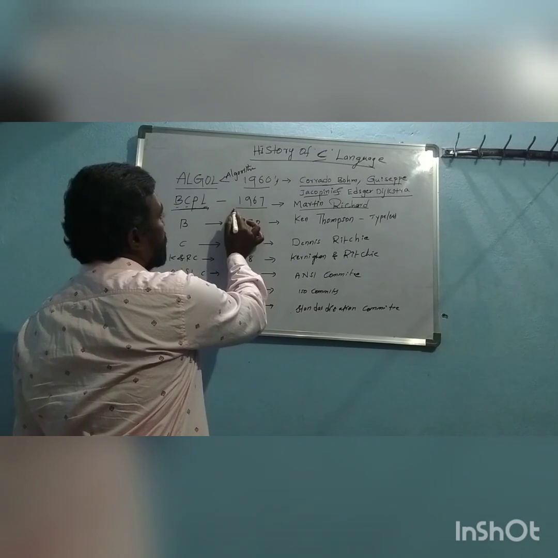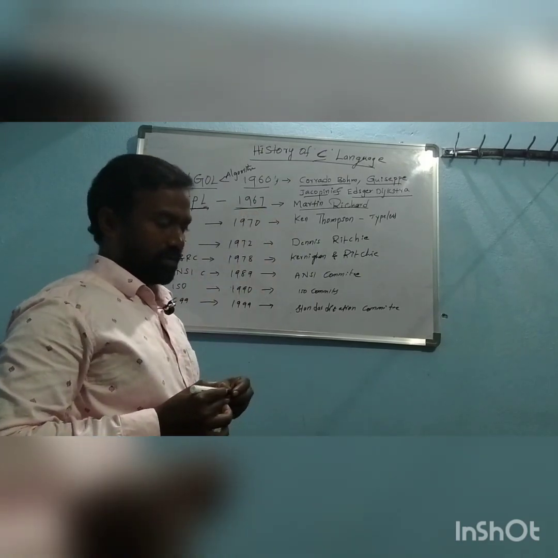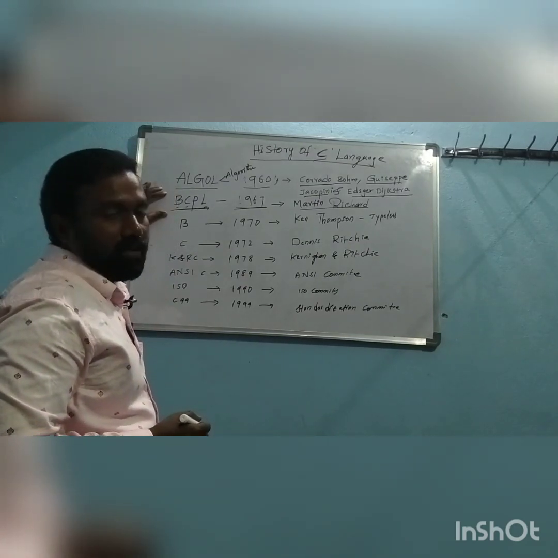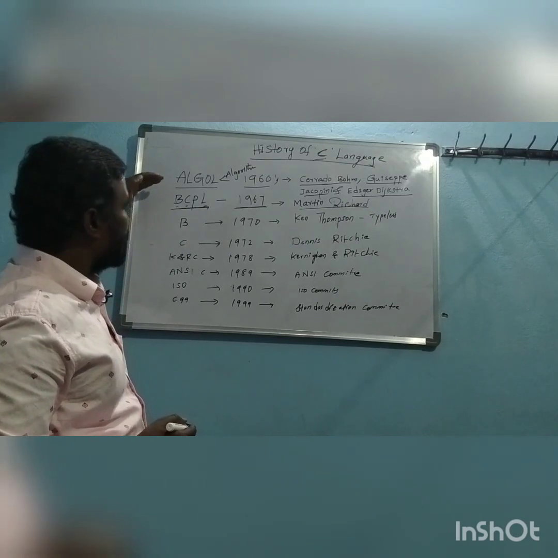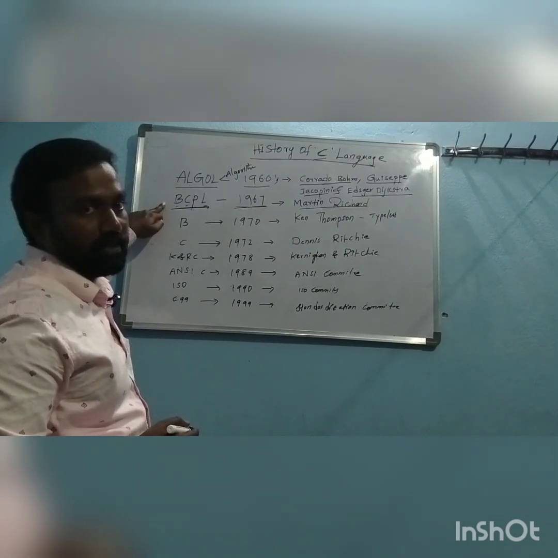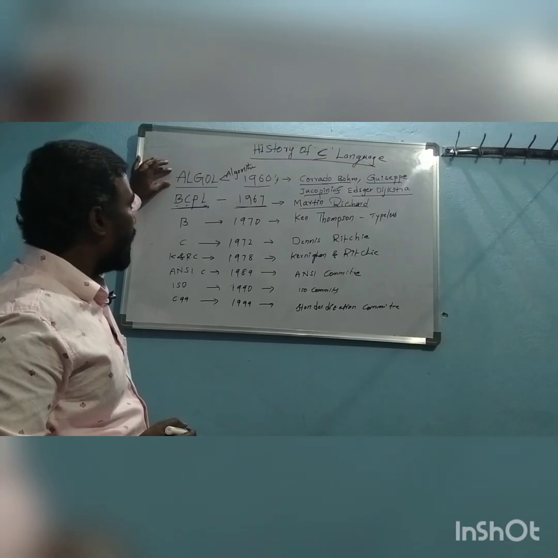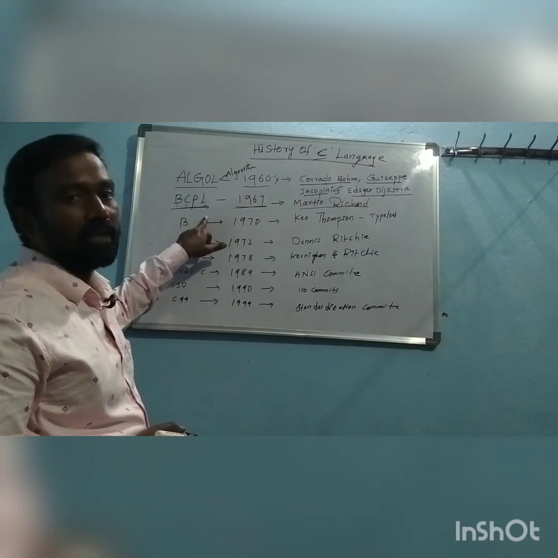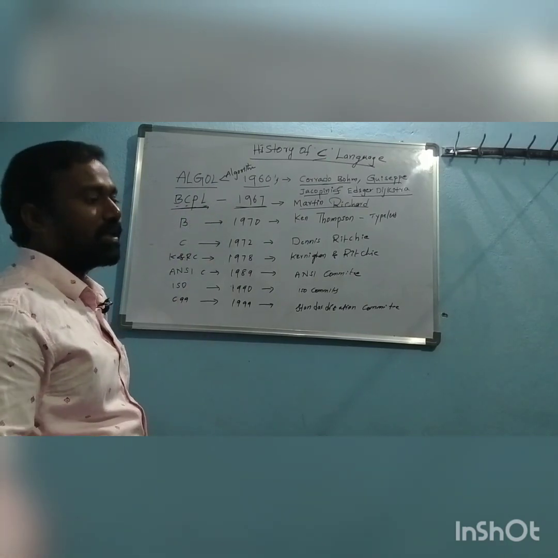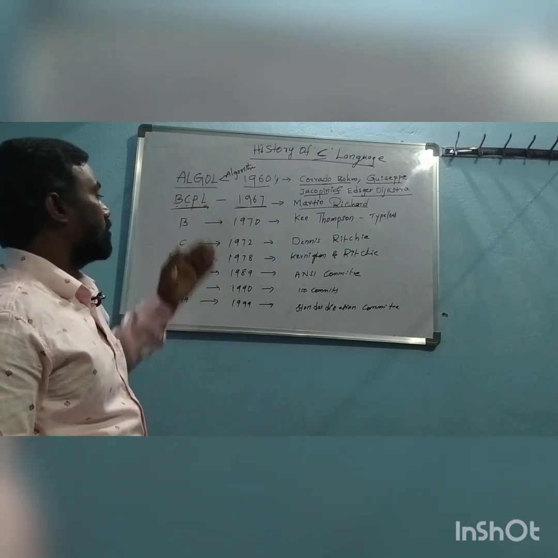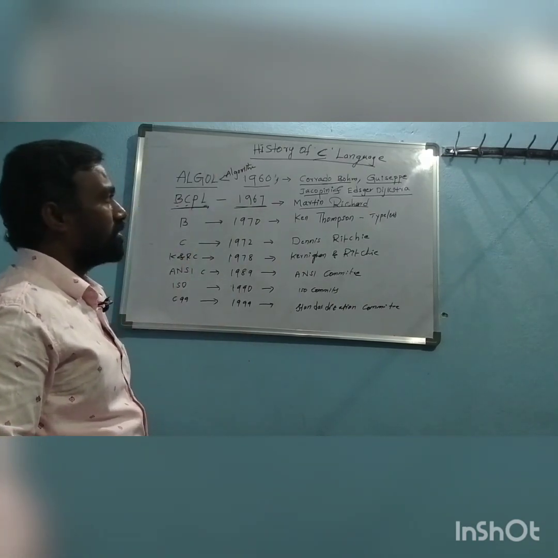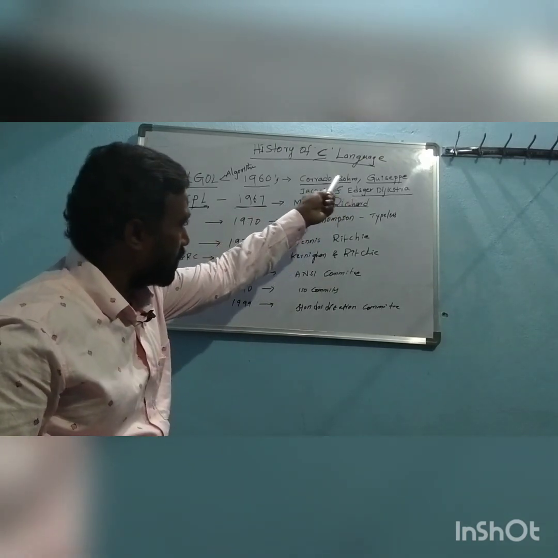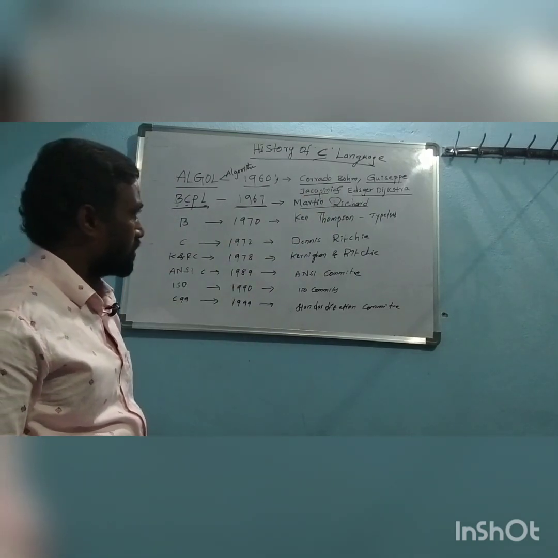This programming language was developed in 1967. So see here, this one is the algorithmic language and this one is the Basic Combined Programming Language. What is the difference between these two? Additional features were added to ALGOL and it was named BCPL. ALGOL is totally a machine related programming language, used by these persons earlier in 1960.